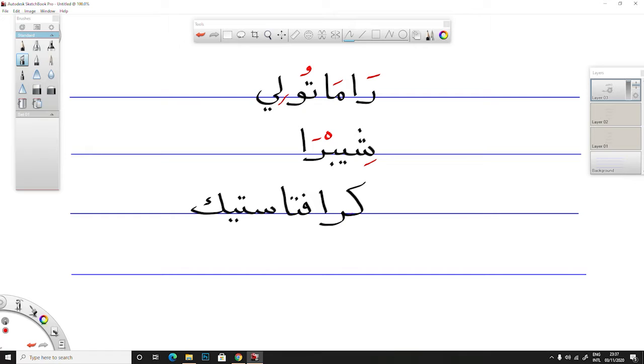This is the initial form of the letter Kaf, Ra, Alif, Fa, Ta, Alif, Sin, the initial form, Ta, and Ya, the medial form, and Kaf, the final form.